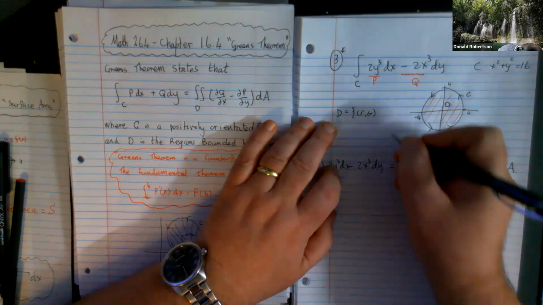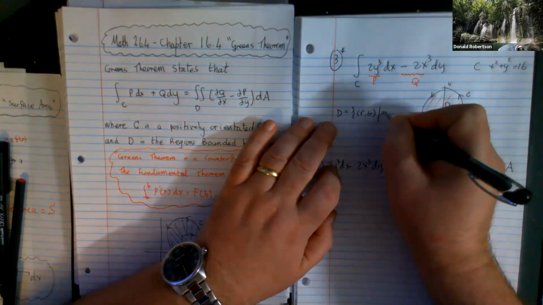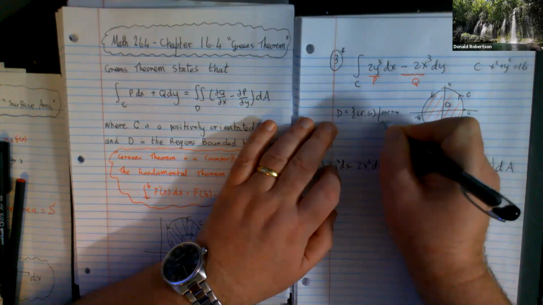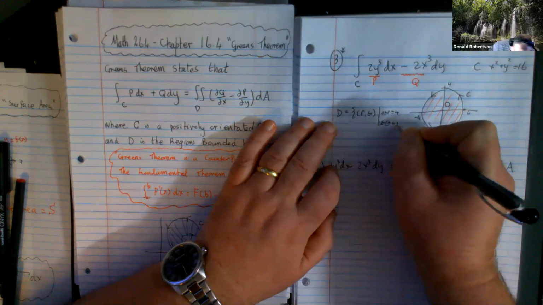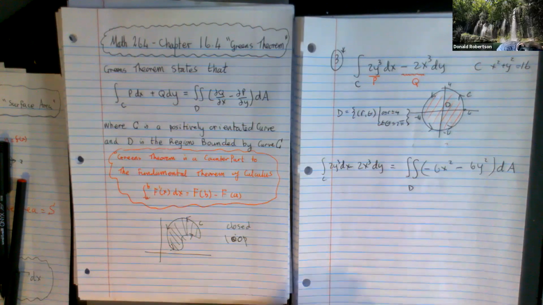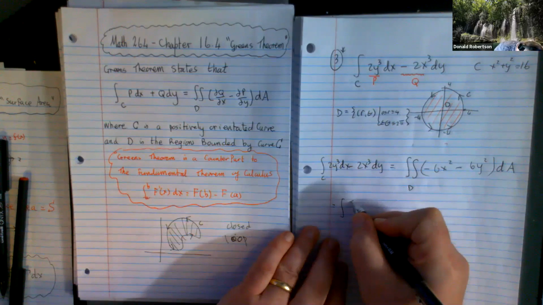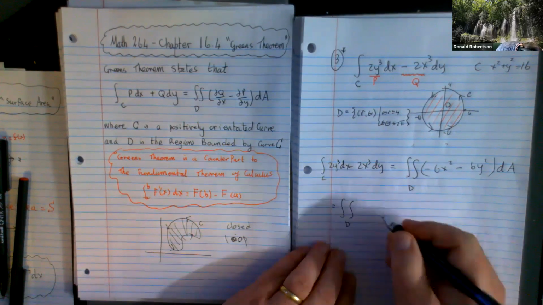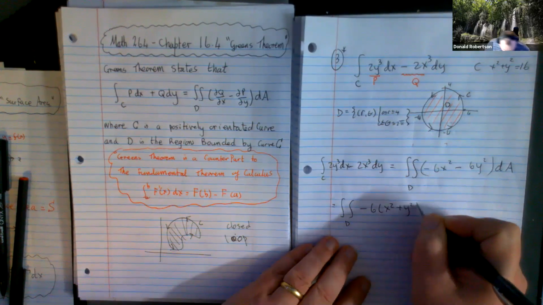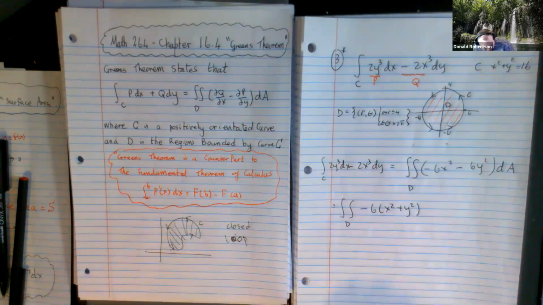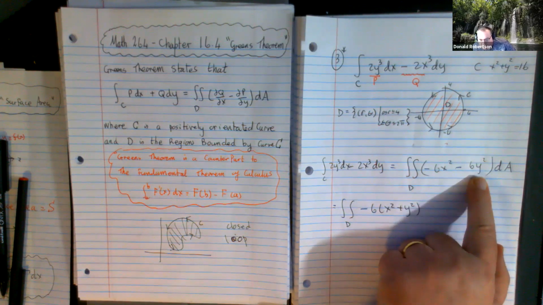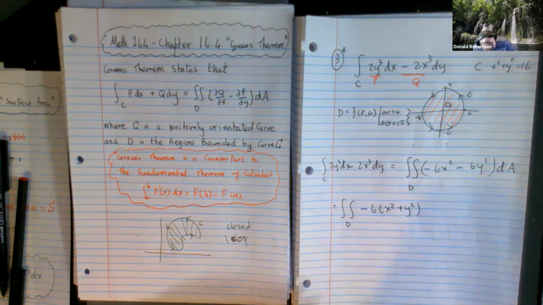And wouldn't it be r between 0 and 4, and theta goes between 0 and 2 pi? I'm going to do a little bit of work on the double integral before I go any further. If you look at negative 6x squared, negative 6y squared, that has to get converted into polar, right?